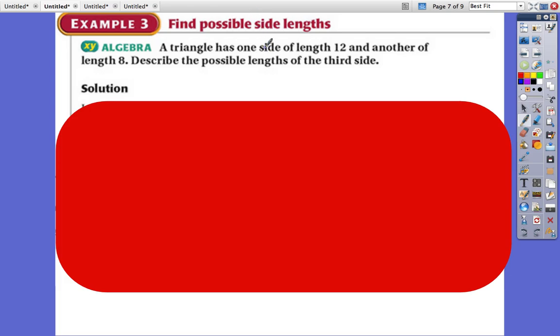Let's look at find possible side lengths. Here it says a triangle has one side length of 12 and another of 8. So this is 12 and then it has another side length of 8. We want to find possible measures for the third side. Well, we know that 12 plus 8 has to be greater than the third side.